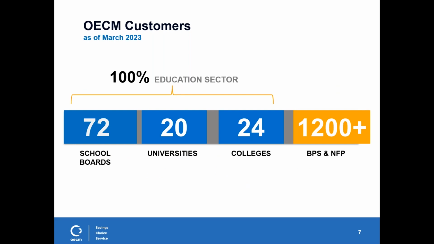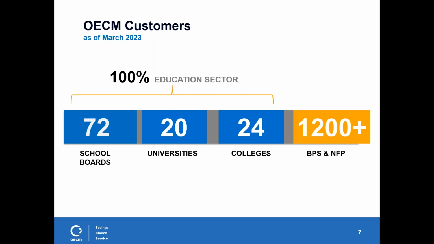Here is a quick snapshot of our current customer base. It includes 100% of Ontario's education sector, which represents 72 school boards, 24 colleges, and 20 universities that are leveraging one or more of our contracts. We also have a rapidly growing customer base within the public sector, which includes over 300 municipalities and municipalities-related services.